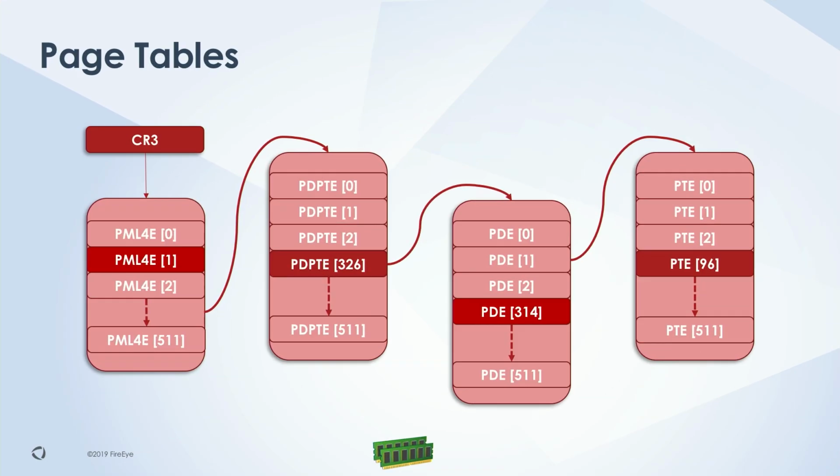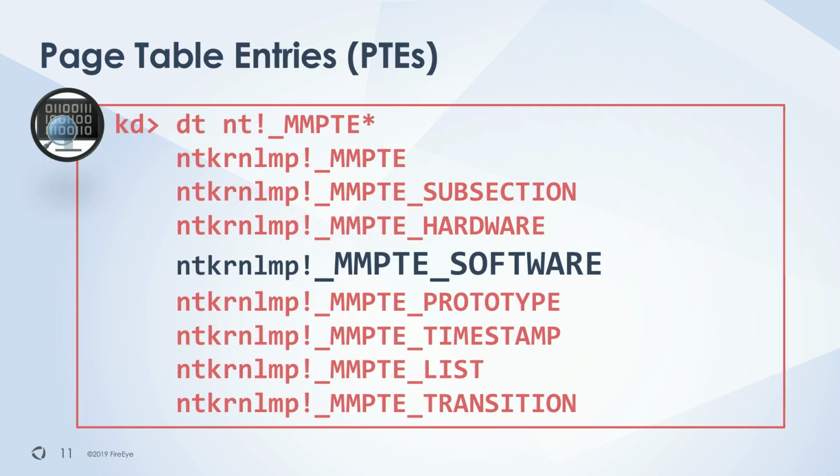Going back to the previous slide, we get those indexes, and then we plug them in at each step of the way here. Ultimately, we get to the last set of tables, and that contains a series of what we call page table entries. Page table entries are just 64-bit integers or data structures that tell the Memory Manager how to go about locating the actual page.